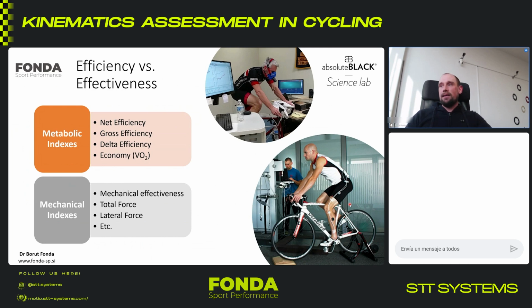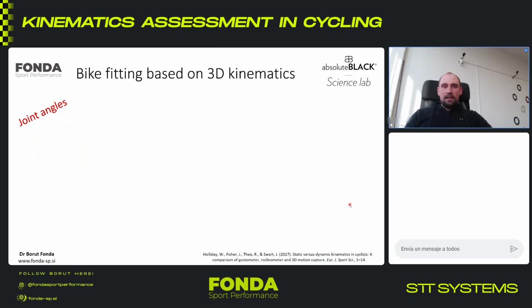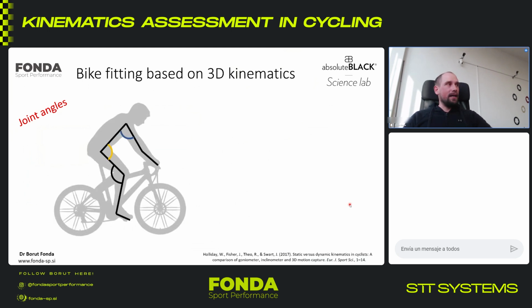That's the part we'll spend more time on today, because it's also easier to measure biomechanically. So, joint angles. First of all, going into the scientific literature, a lot's been done, and then a lot of manufacturers followed, using those parameters and defining so-called joint angles.